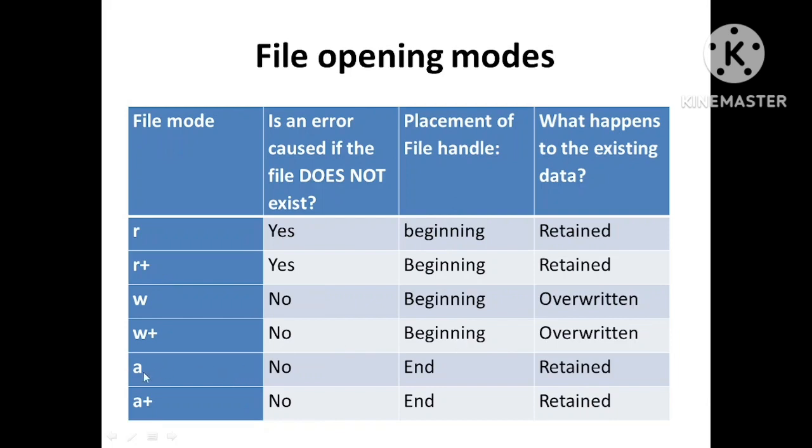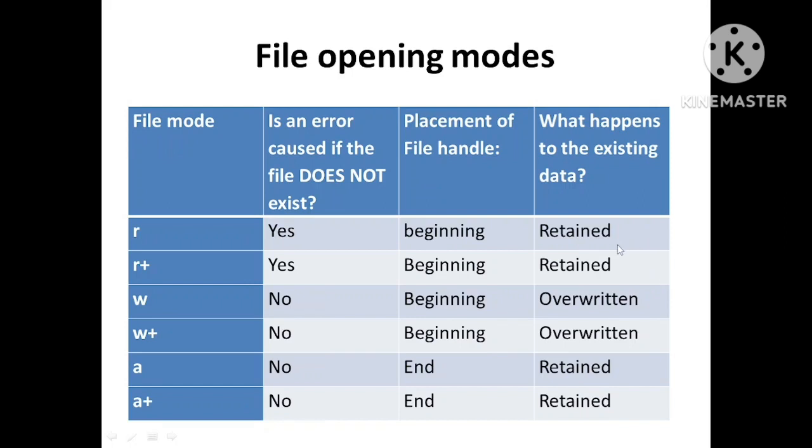But when you open a file in A and A+ mode, the file handle is placed at the end of the file, which means there is some existing data already in the file. So you have to append the data. A stands for append mode. What is appending? Adding to the existing content. So the file cursor, the file handle, is placed at the end. Go through this tabular column. You will be able to answer the 1-mark questions based on this.